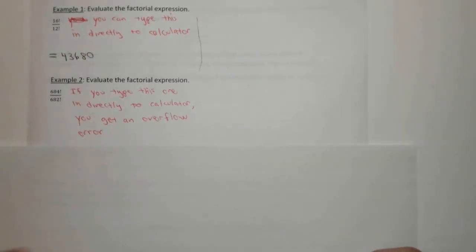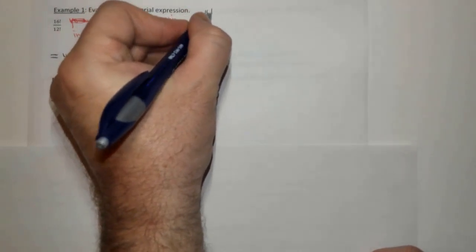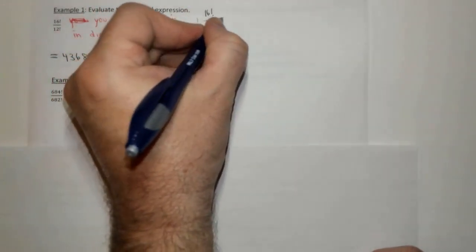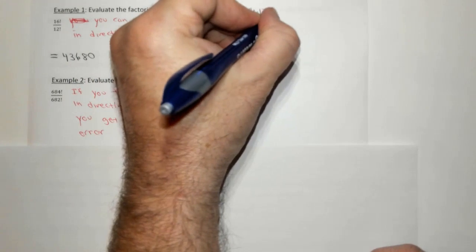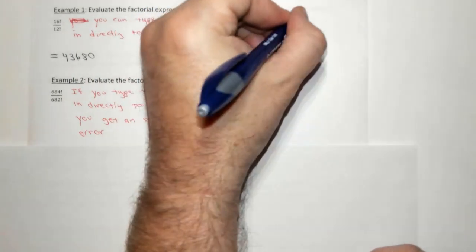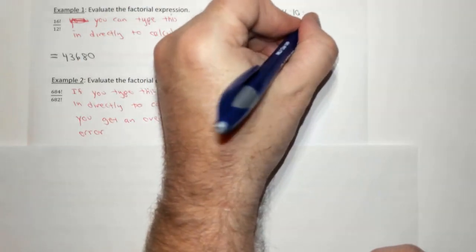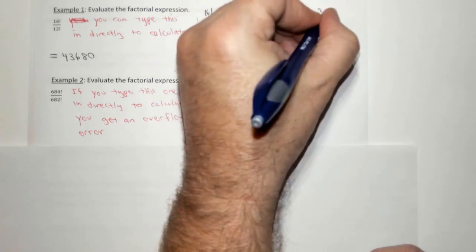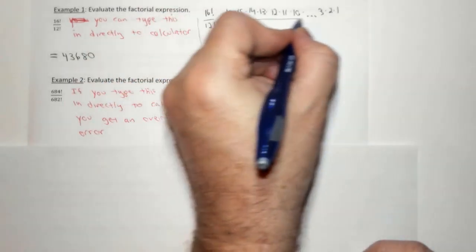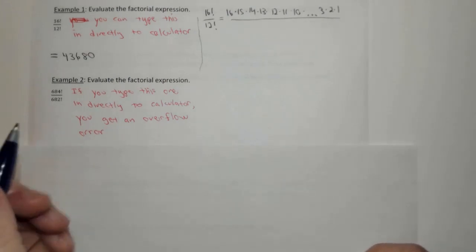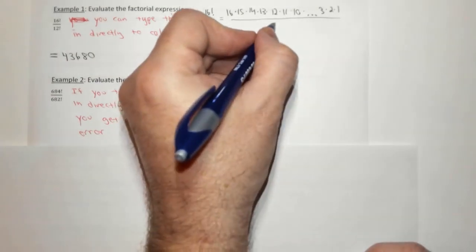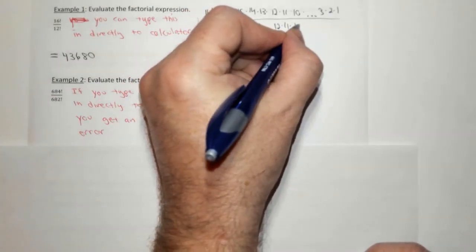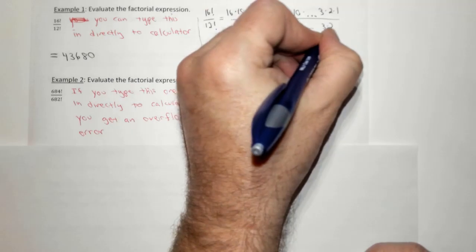Okay. So 16 factorial over 12 factorial. We already know that 16 factorial is 16 times 15 times 14 times 13 times 12 times 11 times 10 times whatever. All the way down to 3 times 2 times 1. In math, if we have a pattern that's pretty obvious, a lot of times we'll just do these ellipses. We'll do the same thing with 12. 12 times 11 times 10, well, you get the picture.